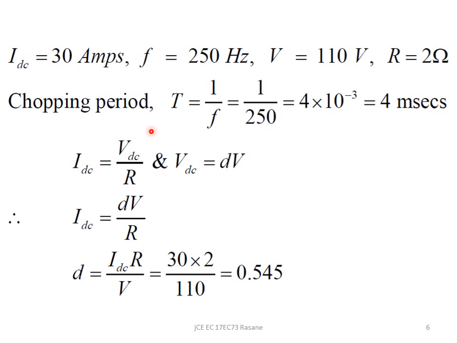So the period can be found as T equal to 1 by F. So you will be getting about 4 milliseconds.